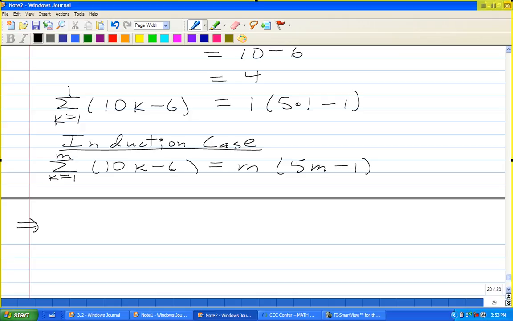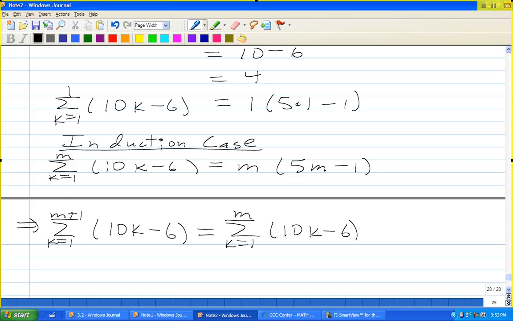Then the sum of the first m plus 1 terms is equal to the sum of the first m terms plus the last term, which is 10 times m plus 1 minus 6.